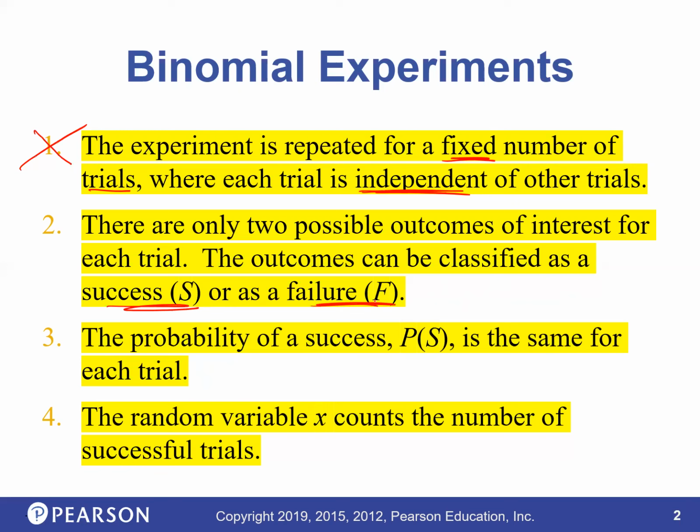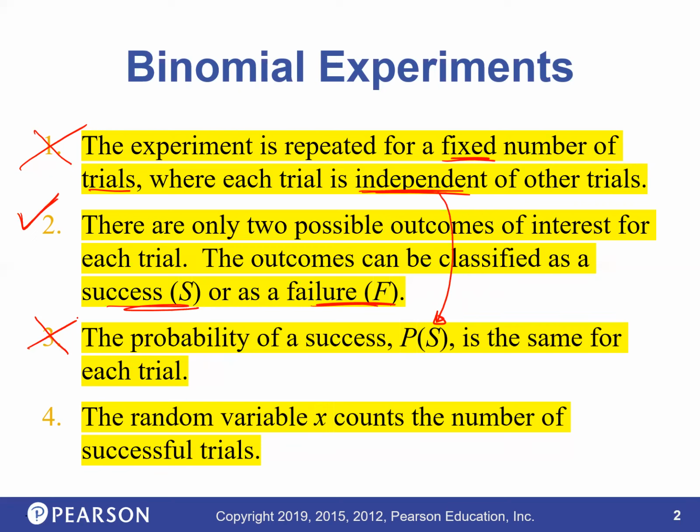Our failure would be picking out the rest of it. So number 2 criteria is okay. Is the probability of success the same for each trial? If they're not independent trials, that means they're dependent trials, and that is not going to happen anymore.